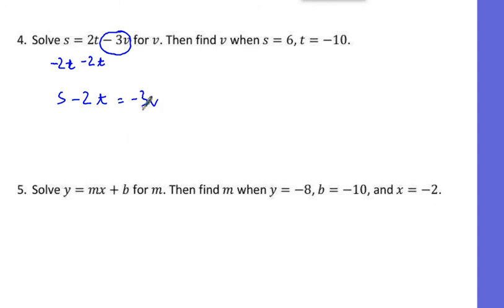We have isolated the term that includes v, but we have not isolated v yet. V has a coefficient of negative 3. Negative 3 times v, the inverse operation is division. So we divide by negative 3, and we'll need to do that on both sides of the equal sign.